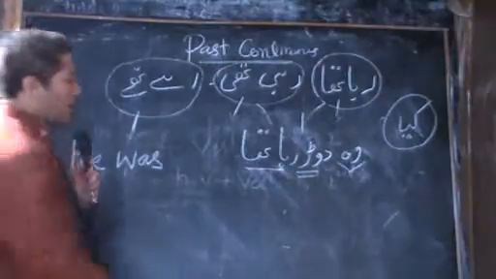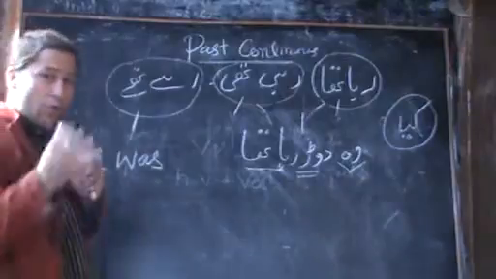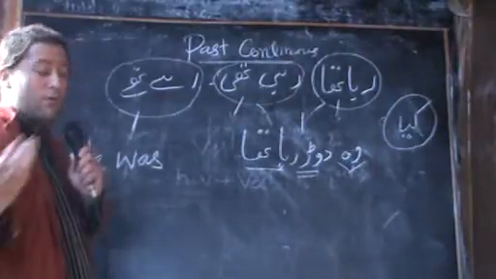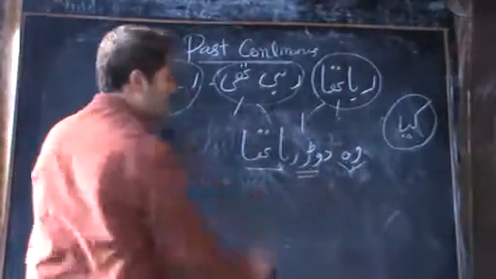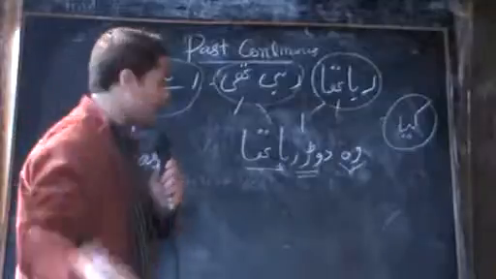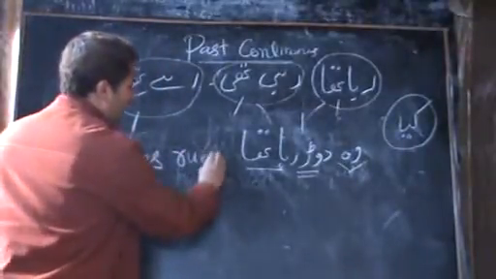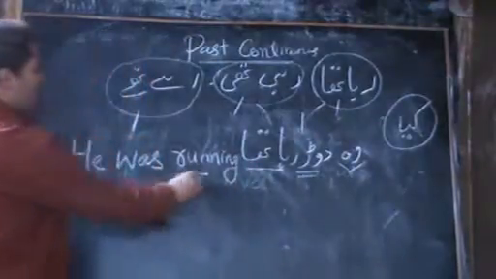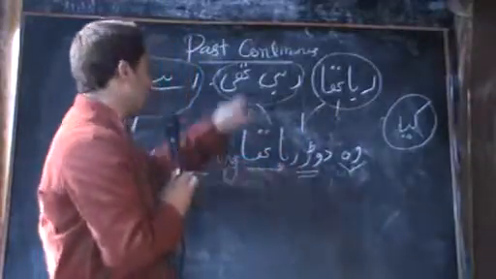We know that when raha tha, rahi thi, rahe the is there, we have to translate it into the ing form. So the ing form of dod is run, and we add ing, that is he was running. He was running.